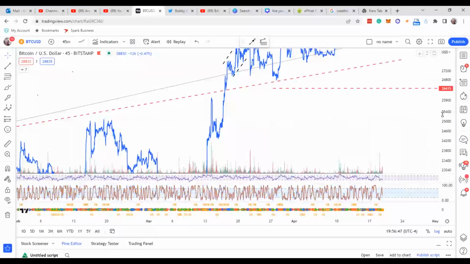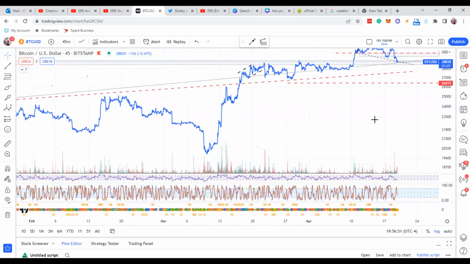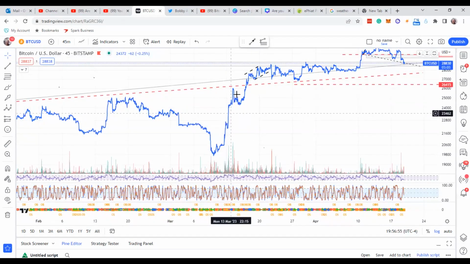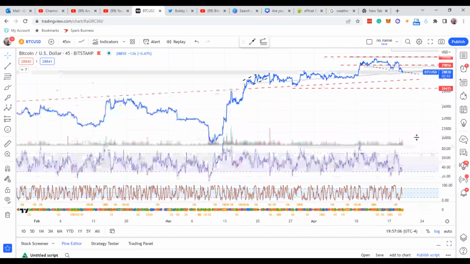So here's Bitcoin's wave. Okay, Bitcoin's wave is a little bit different, and you can go 1, 2, 3, 4, 5, or this whole thing is a 1, 2, 3, 4, 5. I think with Bitcoin that this is the first wave extended.